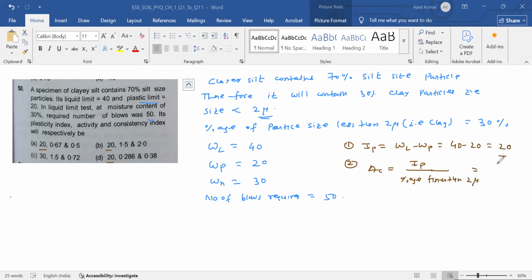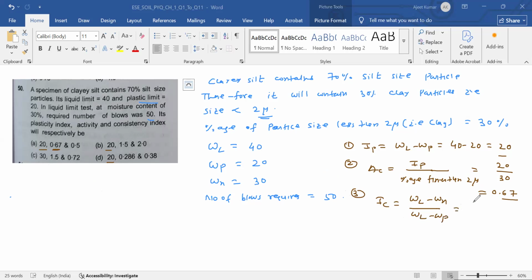So IP is 20 and this is 30, so 0.67. And third is consistency index. So IC is equal to WL minus WN by WL minus WP.